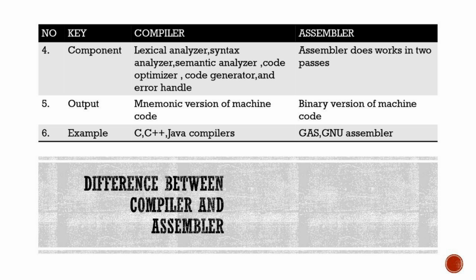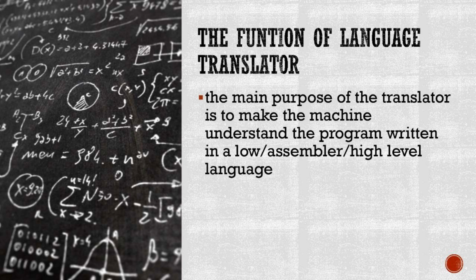For a compiler, the output is a mnemonic version of machine code. For an assembler, it is a binary version of machine code. Examples for compiler are C++, C and Java compilers. For assembler are JAS, GNU, and GNU.